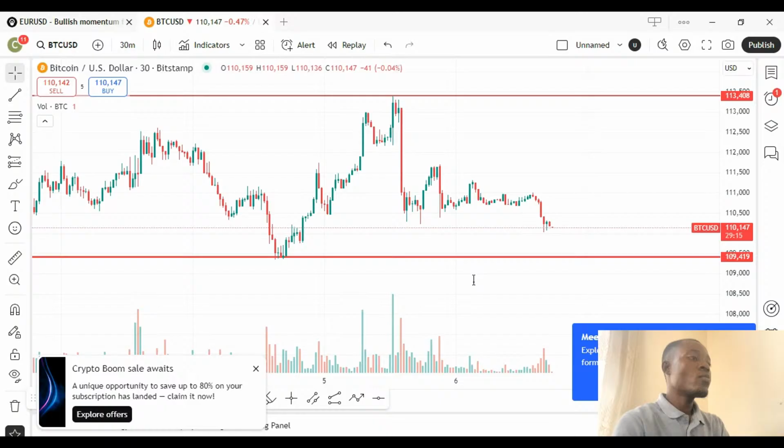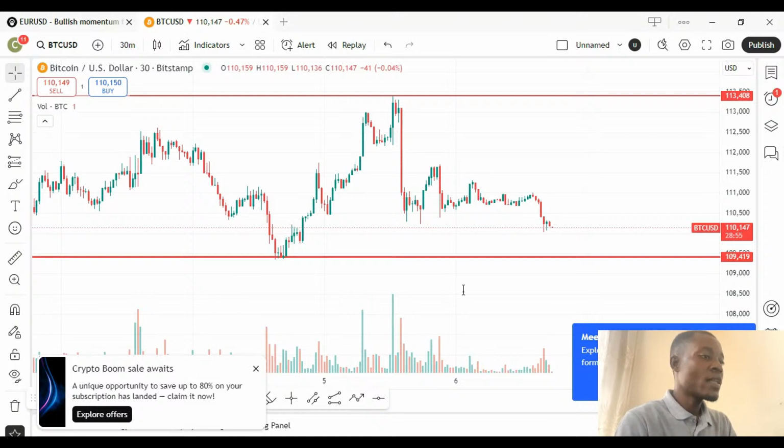Now, when you open your chart, you need to look out for a break of structure, by demarcating your recent low or the recent demand and then the support area, or your resistance and support area.